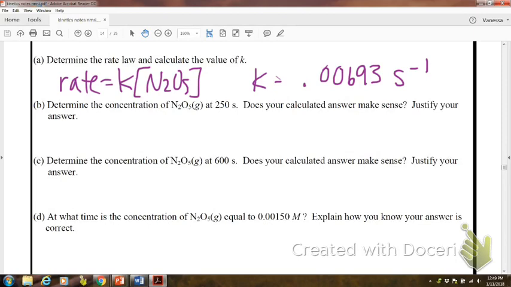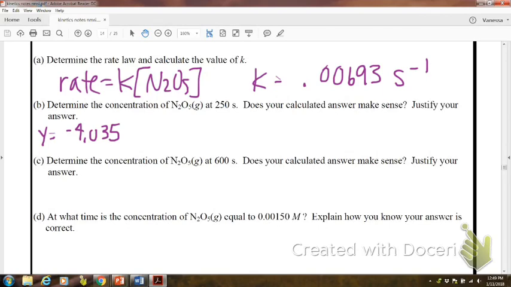And it's wanting to know what's the concentration at 250 seconds. So type in 250 and hit enter, and that's going to be your Y. It's going to give you Y is equal to negative 4.035. That is not a concentration, is it?